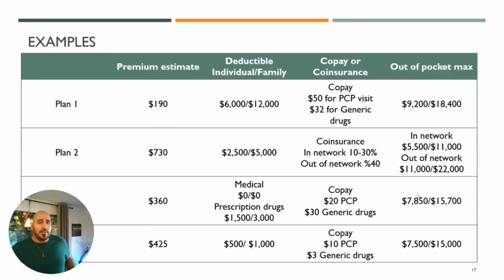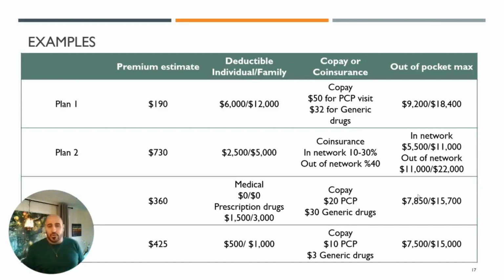Now I'm going to give some examples for those health plans, and those are actual numbers. One plan, the premium is 190, pretty much an estimate for an individual. If it's a family, usually it's another 50 to $80 more, and maybe more.